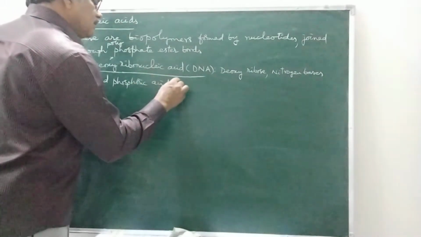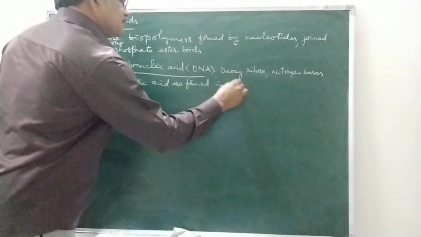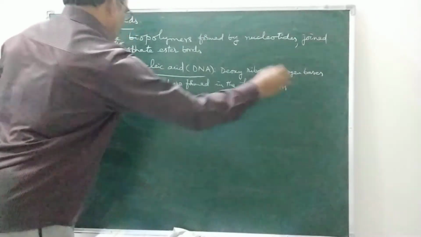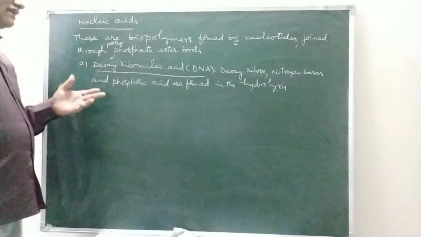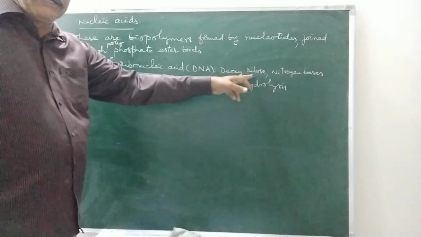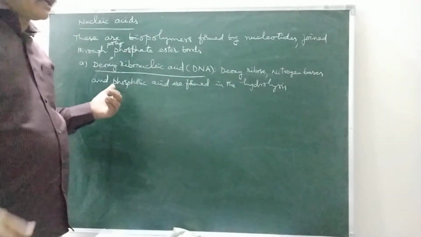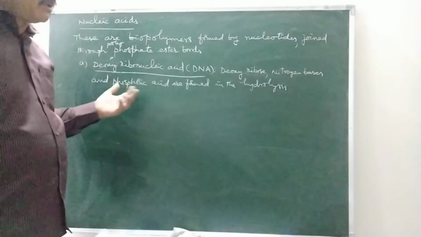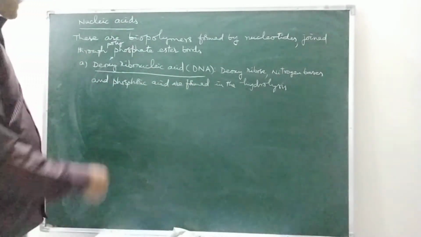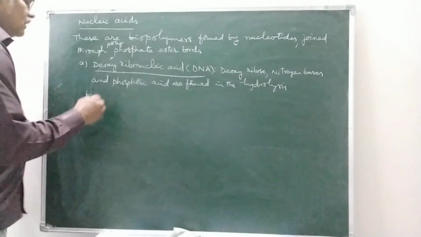That means it is formed by deoxyribose, which is a pentose sugar, nitrogen bases, and phosphoric acid. Of course, there are two types of nitrogen bases: purine bases and pyrimidine bases, which will be discussed later. So this is DNA, which is responsible for hereditary characteristics.